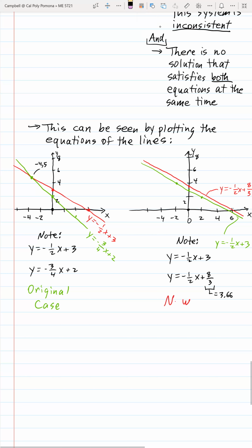So our new case, and here we can see that we're dealing with parallel lines. And that means then, of course, that there is no solution for this particular problem, since there is no intersection.